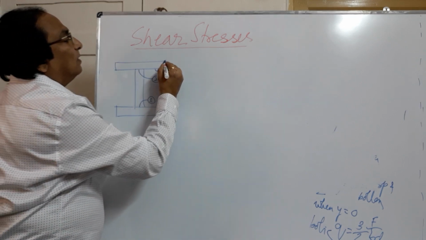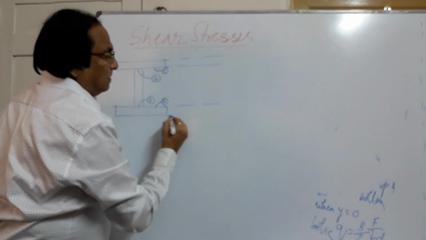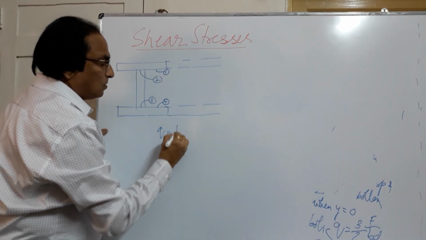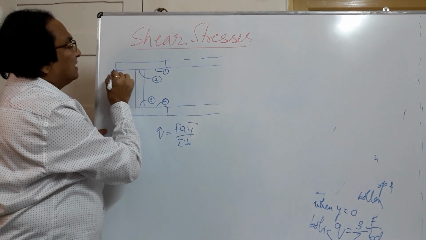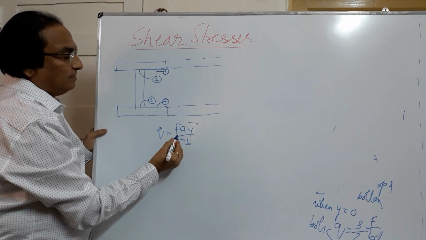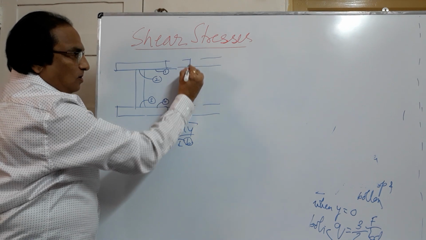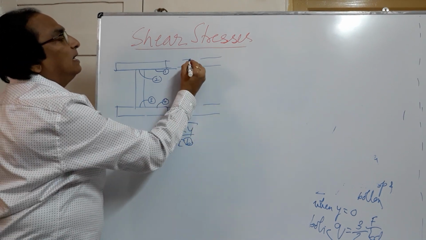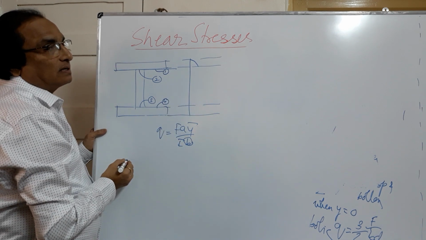We know that if I project it, we have Q is equal to F A y bar by I B. If I take this level, A y bar will remain the same, I will be the same, F will be the same, only the change will be in the width. Suppose I plot a bending shear stress diagram, it will be parabolic.